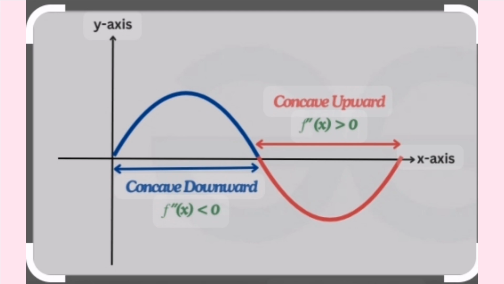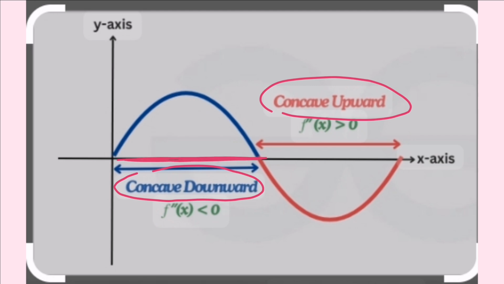Now we have to discuss the concave up and concave down concept on some graphs. In the given graphs, concave down and concave upward are clearly given. So in the first region, or on the first parabola, the graph is concave down.